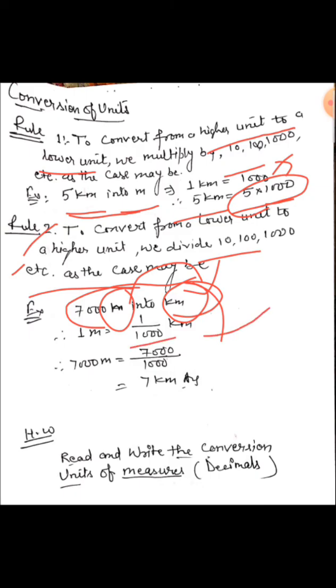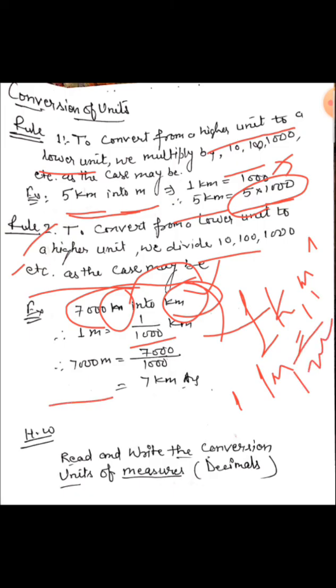Divide by 1000. And why? Because 1 kilometer is equal to 1000 meter. Therefore 1 meter is equal to 1 upon 1000 kilometer. Then 7000 meter is equal to 7000 upon 1000. Three zeros cancel. What is left here? 7, and 7 kilometer. So this is all about the conversion of units.